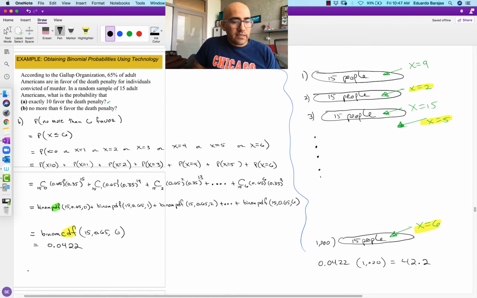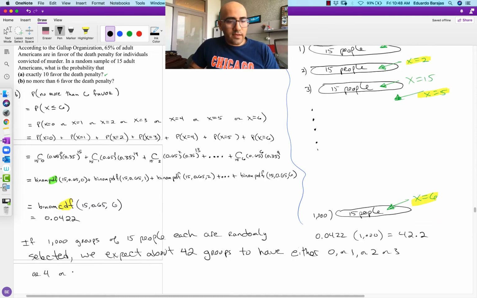Out of 1,000 groups, we expect about 42 groups to have either 0 or 1 or 2 or 3 or 4 or 5 or 6 people in each of those groups.